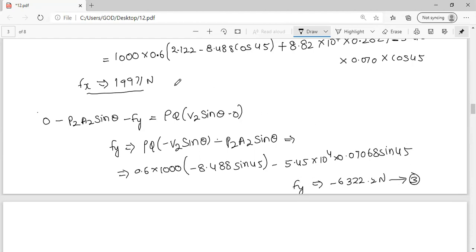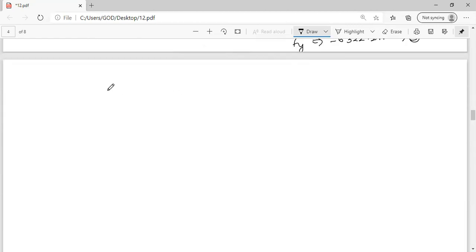Let's take this as the second equation. I know the force along x and y, so I can write the resultant as root over Fx square plus Fy square.